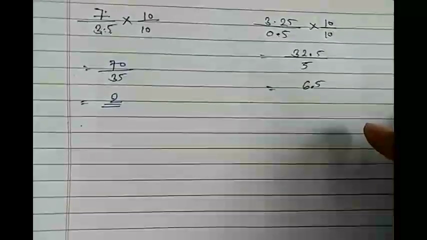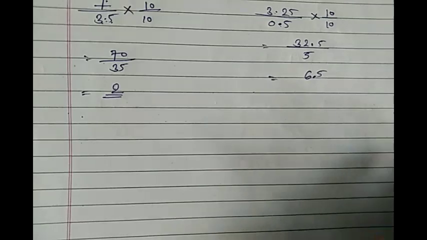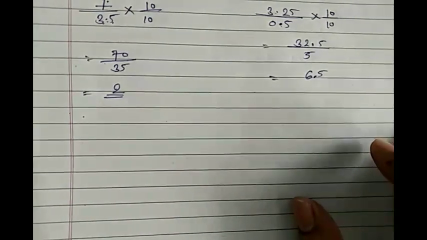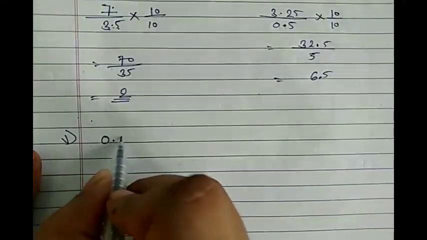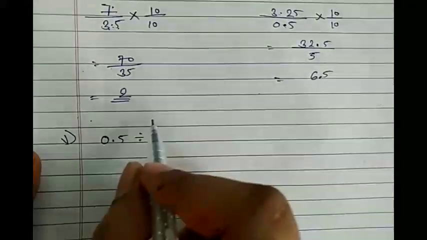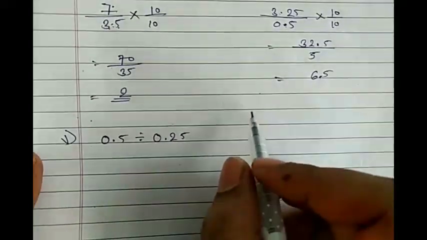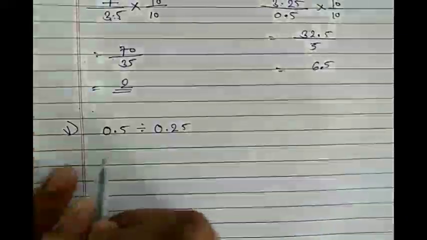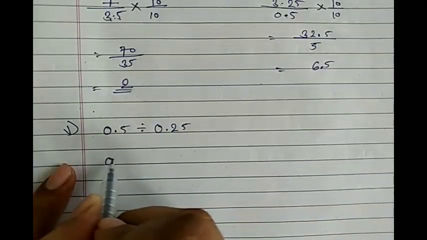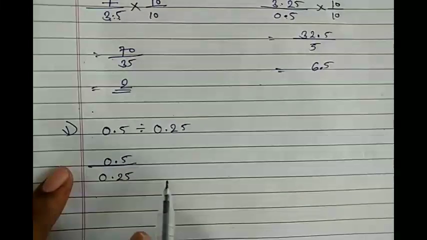Two sums done. Let's solve some more questions. Question number 5. 0.5 divided by 0.25. Okay, so we write here 0.5 upon 0.25.